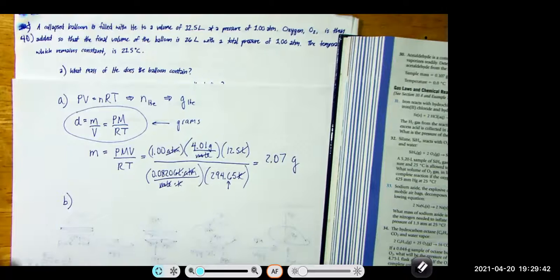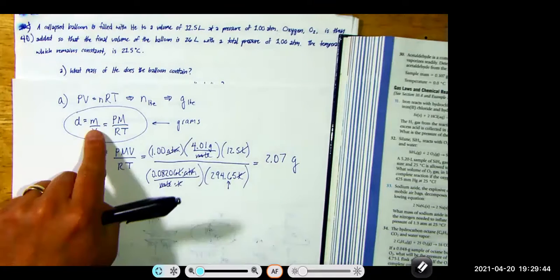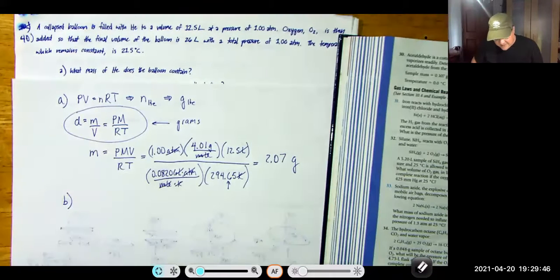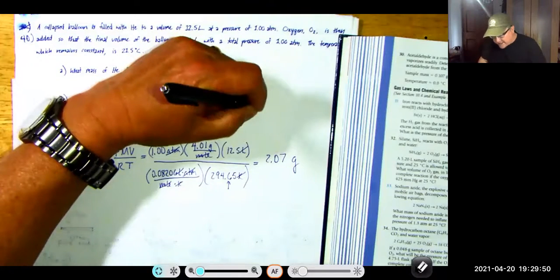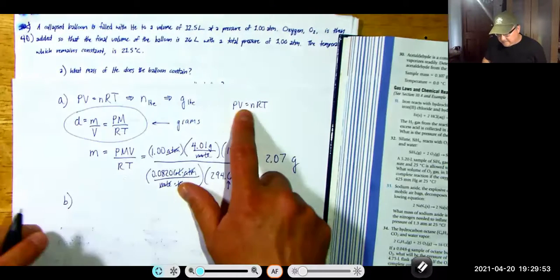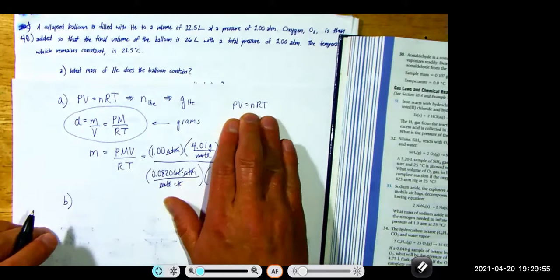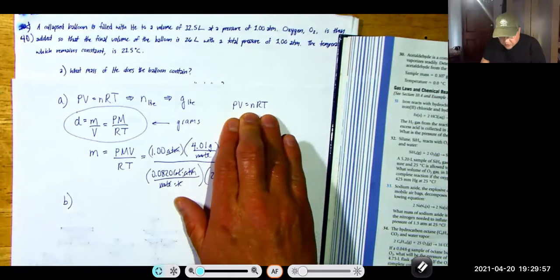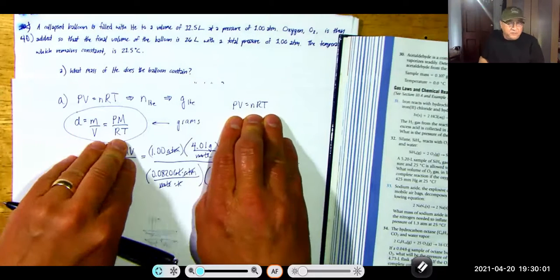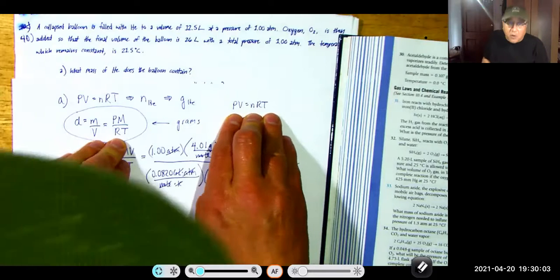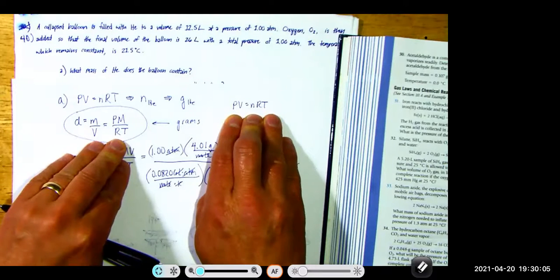Because here it's got a mass in it, right? And does this have mass anywhere in it? No, just mole. But isn't this equation the same as this equation, but just switched around a little bit so it includes mass and molar mass? There's a lot of substitution of formulas in this class.